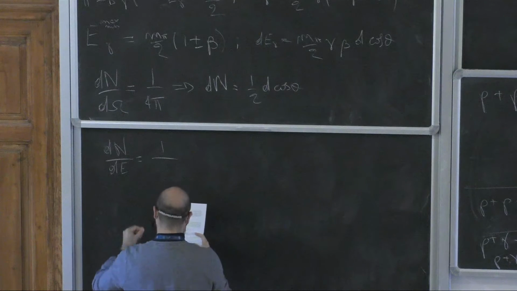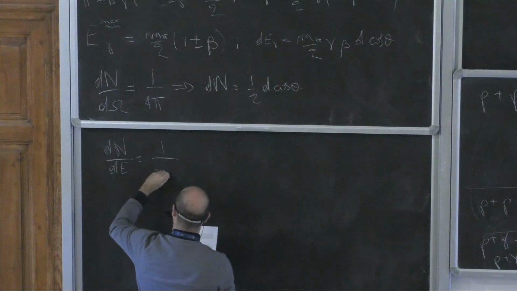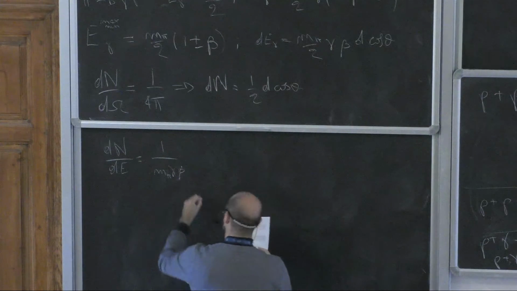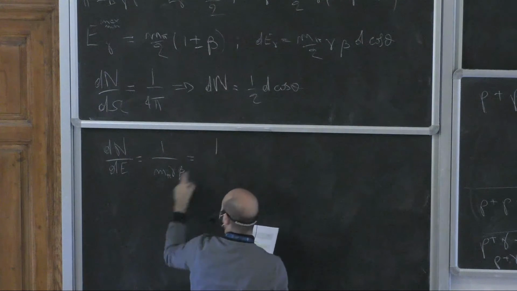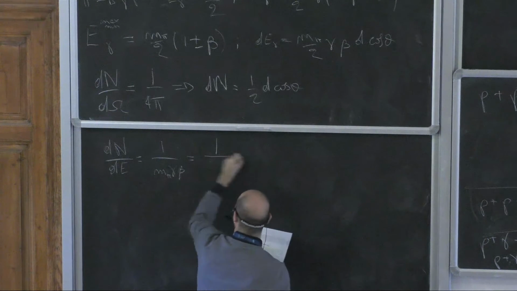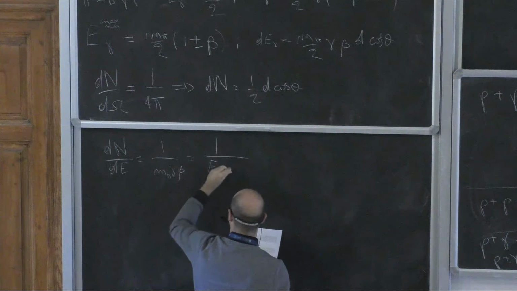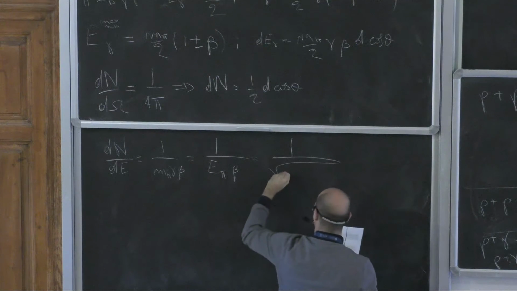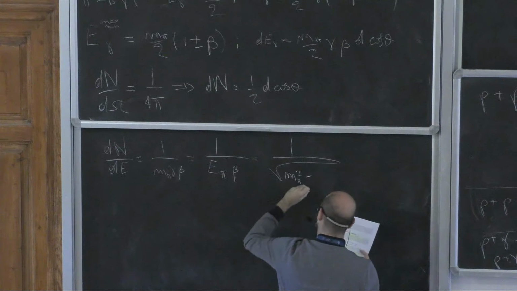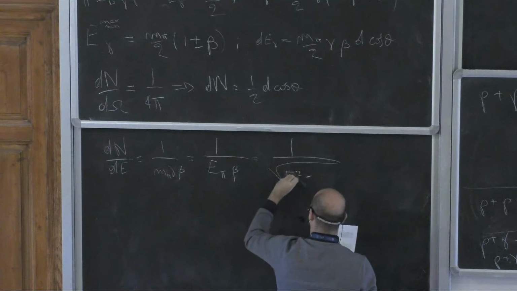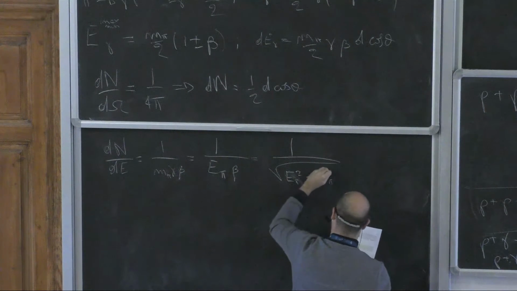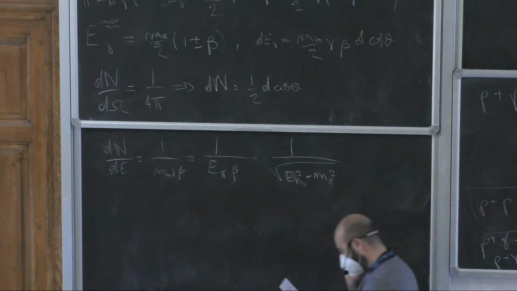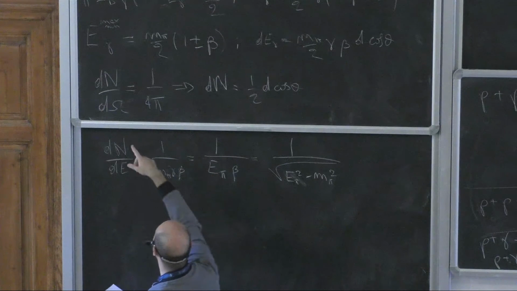So you take the ratio, dN over dE is 1 over (m pion gamma beta). This is also given by, basically, the energy of the pion in the lab, gamma times m, times beta, which you can also write as 1 over the square root of E pion squared minus m pion squared. This is a flat distribution in energy space between the minimum and maximum energy.